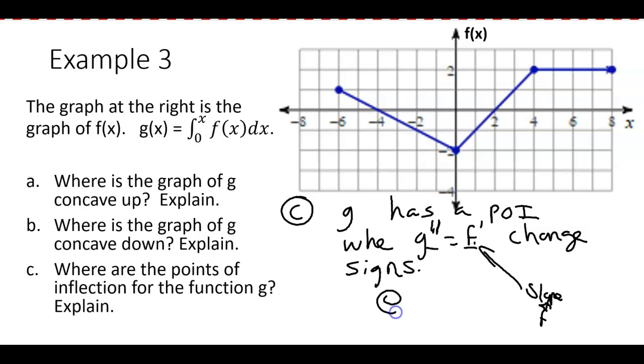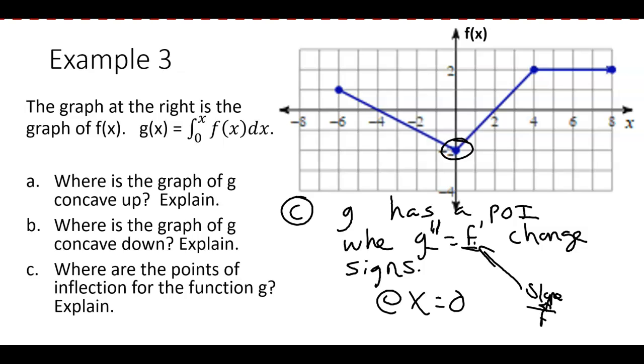0. Now here's my one place where I'm a little bit conflicted. I've heard it said in some books that for a point of inflection, G double prime has to equal 0. The problem is here, G double prime, which is F prime, which is the slope of F, actually doesn't equal 0. The slope at that point is undefined. So that's no good. Technically, and like I said, I've looked at all the FRQs I could find in the past like 15 years.